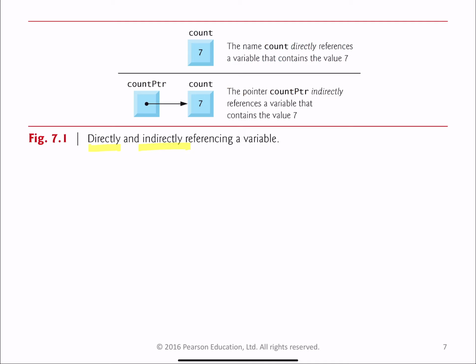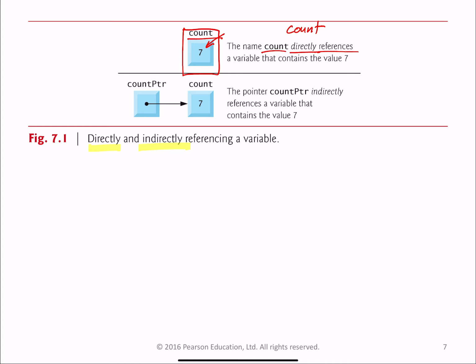If you have a variable called count and it stores the number 7, that's the view of a variable that we're familiar with. And if you access this value 7 simply by using the name of the variable, which is what we have been doing so far, this is called directly referencing the value of variable count.